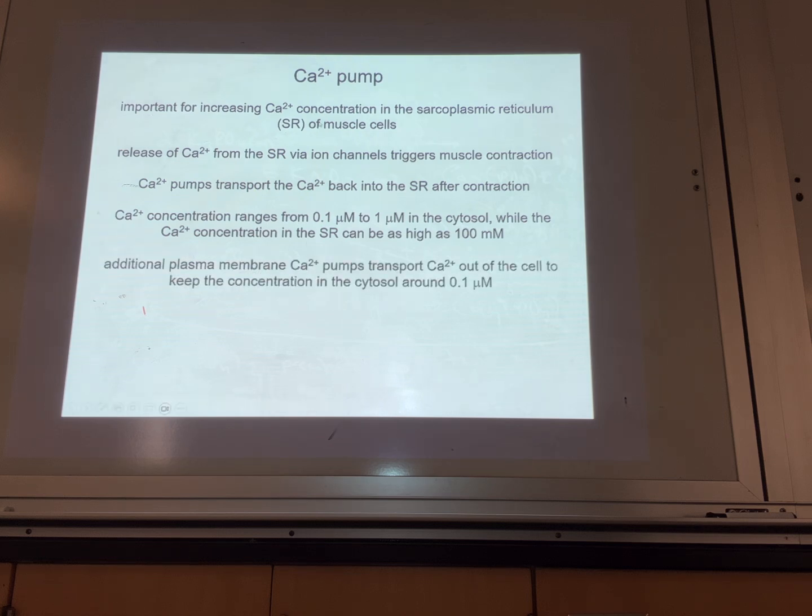We also have calcium pumps in the plasma membrane that pump from the cytosol out to the lumen there. And same thing, just trying to keep that cytosolic concentration lower so that the signals work when we contract our muscle.